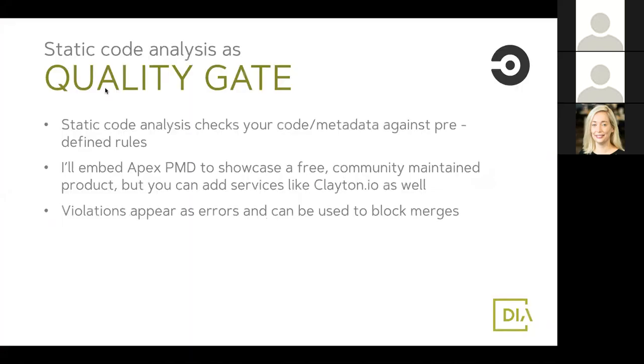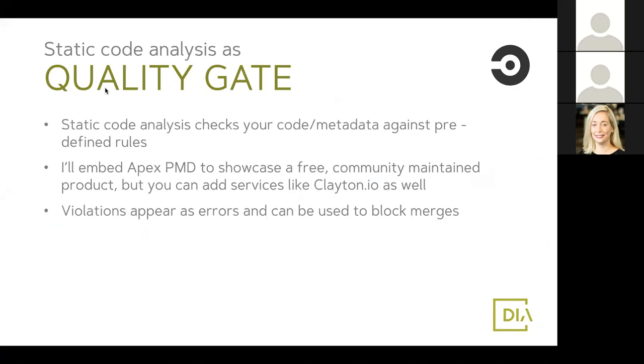I decided to add a quality gate, and that's not just for the demo, but also for my team here at DIA, because I think that we should really improve our code quality by checking against a specific rule set that we want to follow. I typically do this with Clayton because it's just easy, and I like the idea how Clayton is built.